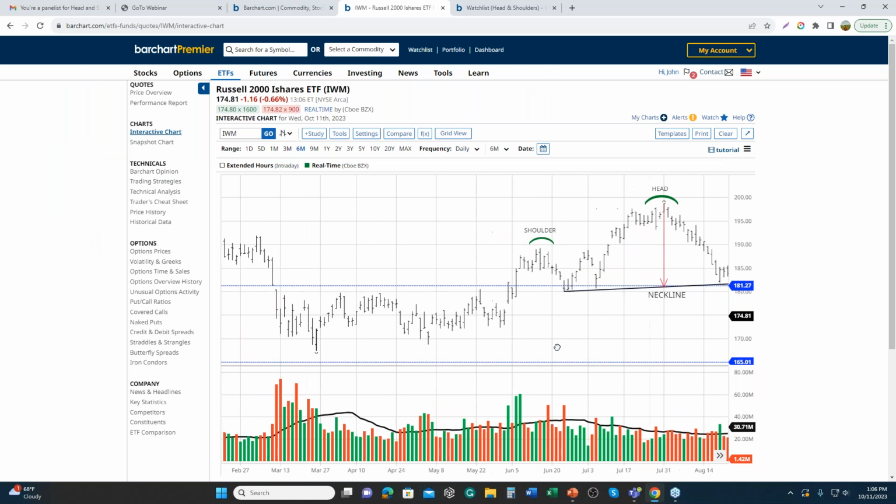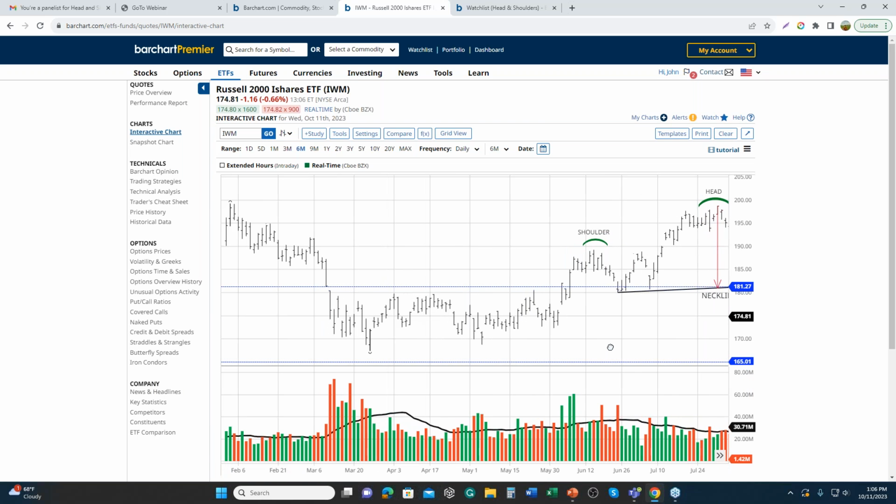So again, let's look at, here's the IWM, right? Here's our left shoulder, that first rally, that pullback on some spike in volume, then another rally, right, where our volume is a little bit less. And at this point, if we looked at this chart, this is still showing the characteristics of an uptrend.